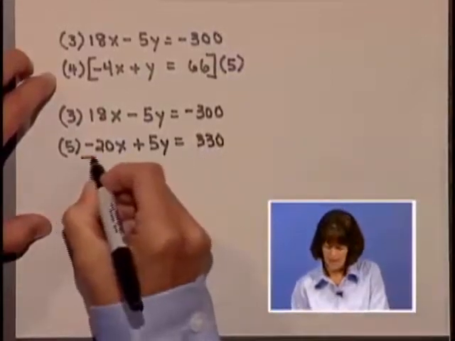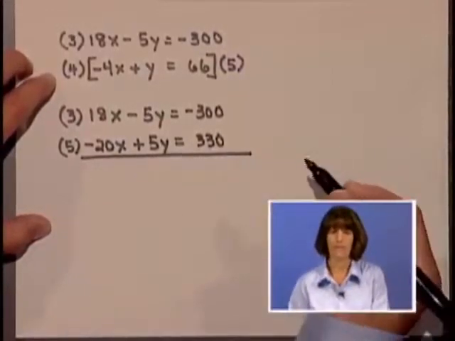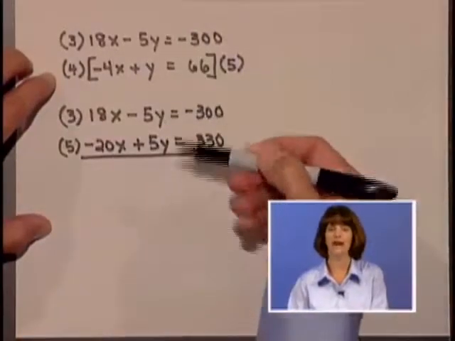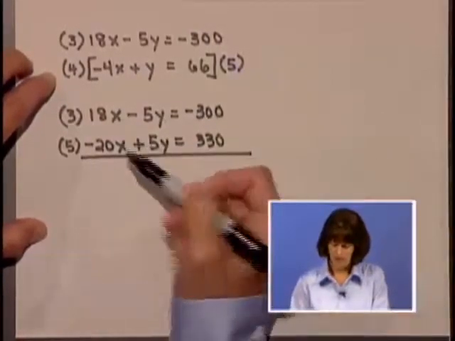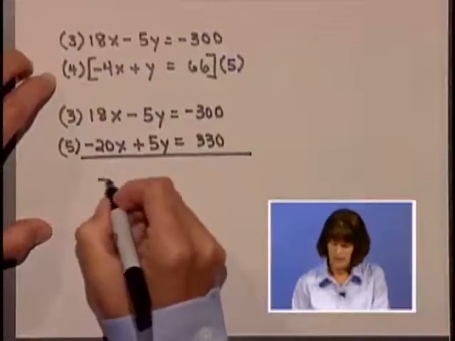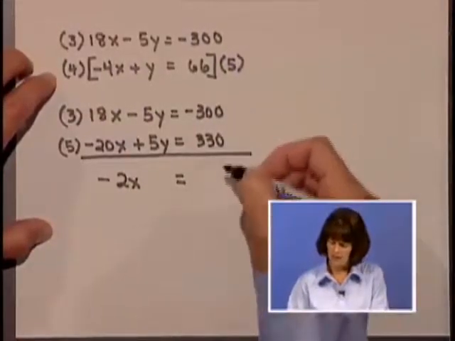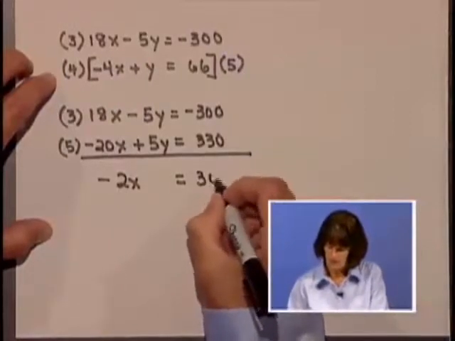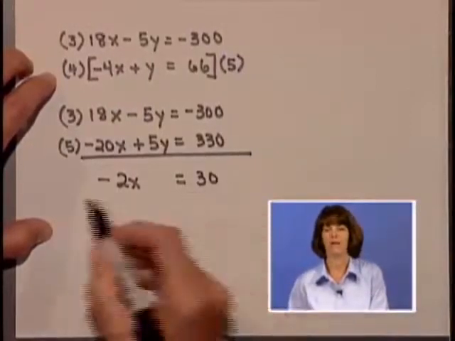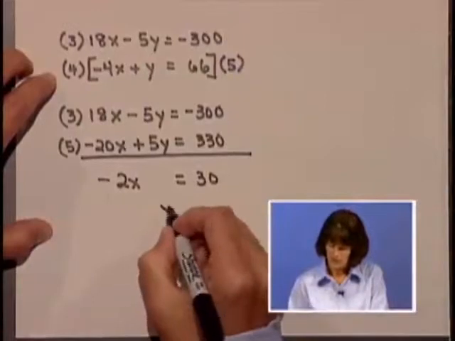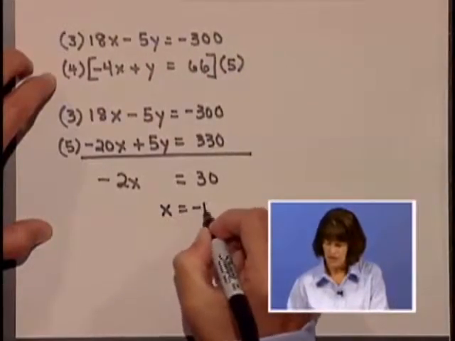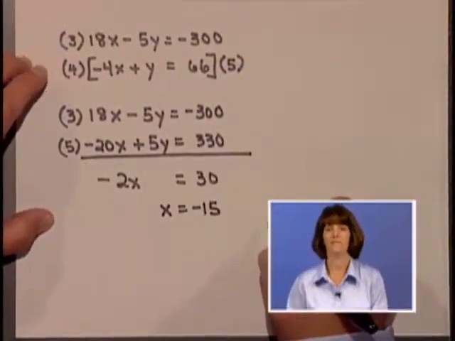Now we're ready to add. The -5y, +5y cancel. With the x's, 18 and a -20 is a -2x. On the right, -300 and 330 is 30. Dividing both sides by -2 yields x equal -15.